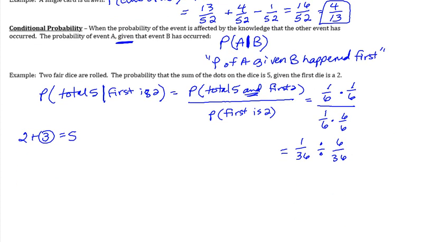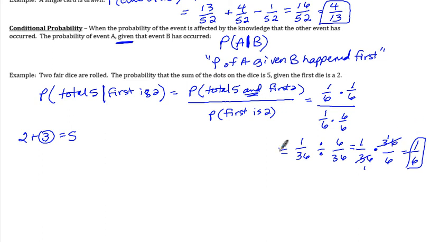Remember what happens when you divide fractions? Hopefully you remember from earlier grades. 1 over 36 divided by this fraction is the same thing as multiplying by the flip. So cross this out, and we get a 1 in 6 chance. So the probability that the sum of the dots is 5, given that the first die roll is a 2, that's a 1 in 6 chance.